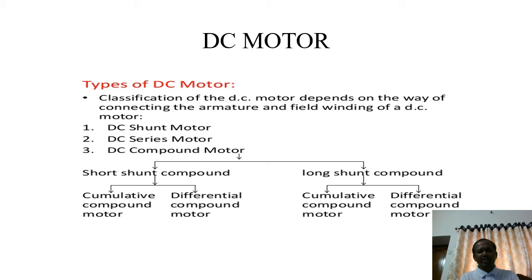DC motors are classified based on the way of connecting the armature and field winding of a DC motor. These are classified as DC shunt motor, DC series motor, and DC compound motor.